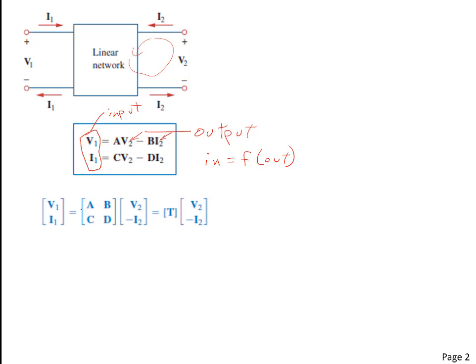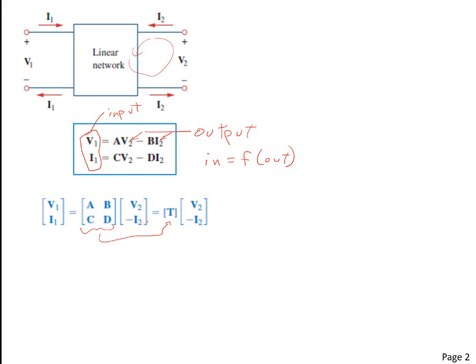Okay, so we write it like this, and in matrix form, right? This is the tight form of this, and we're going to call this little package right here T, the transmission parameters.